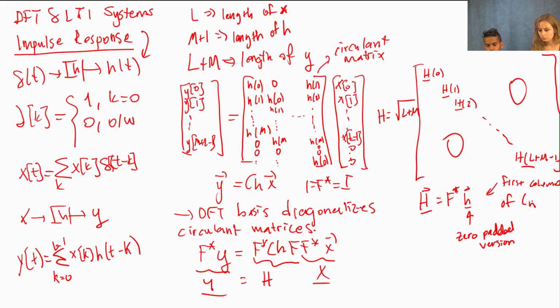So what does this say about the eigenvectors and eigenvalues of the matrix we have? It tells us something nice: we can write C sub h as F H F star. This is basically the same thing as that statement there, diagonalizing the circulant matrix. Oh, you're right, this is C sub h, not C h.